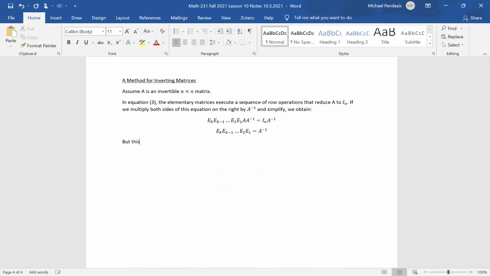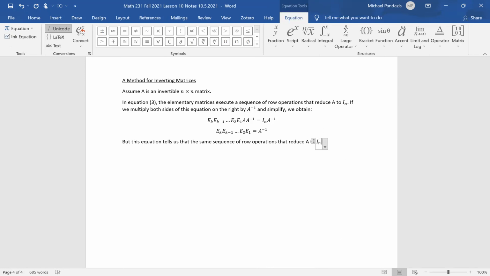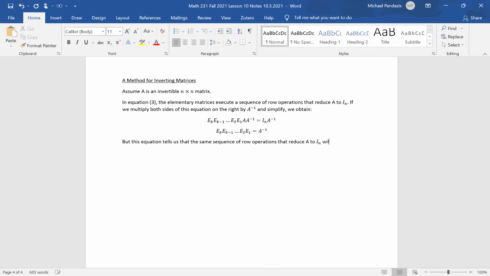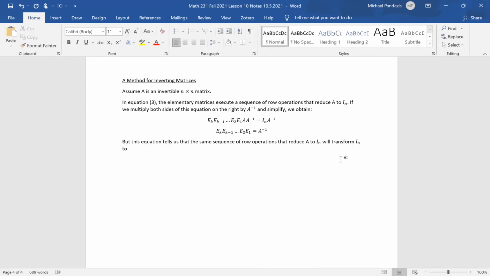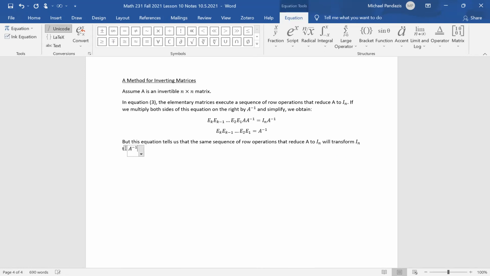Okay, but this equation tells us that the same sequence of row operations that reduce capital A to I sub n will transform I sub n to A inverse.